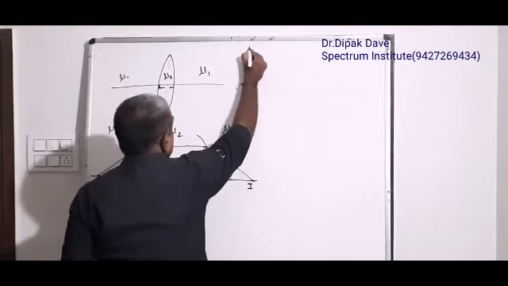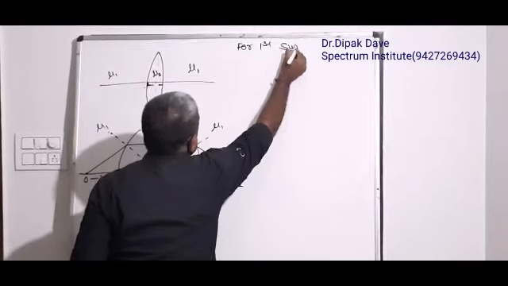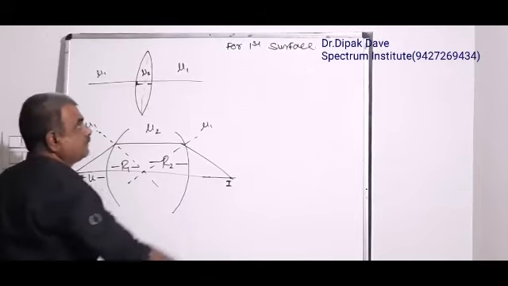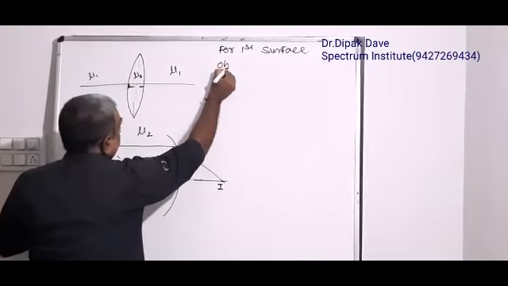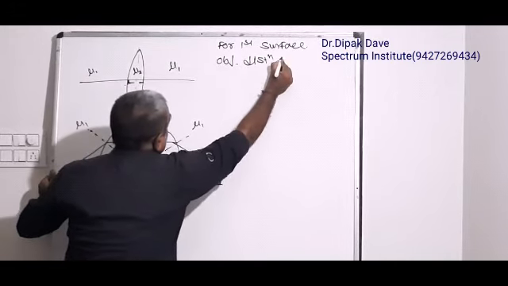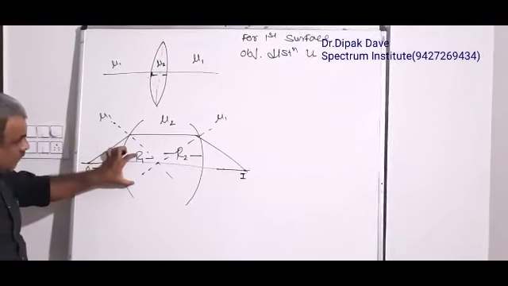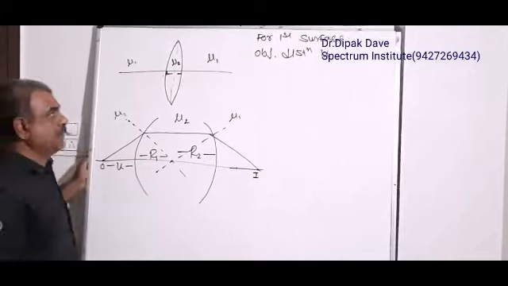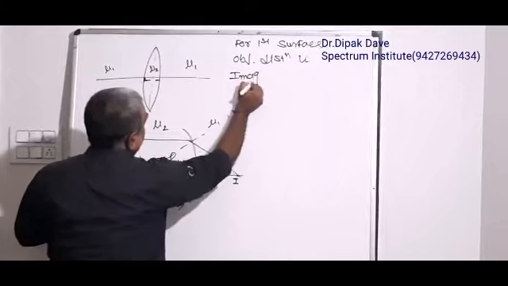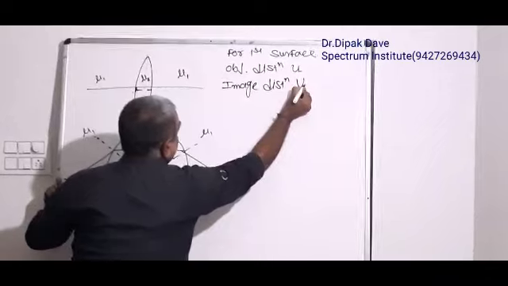Now for the first surface, the object distance is U, and the image distance for the first surface is V1.